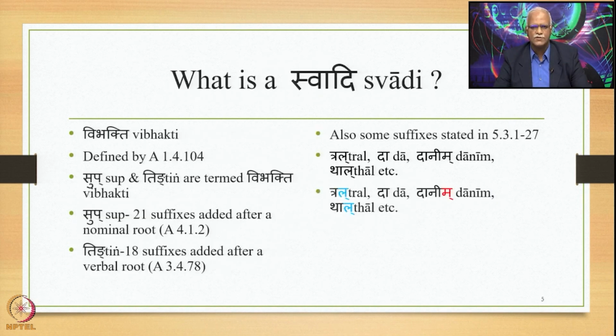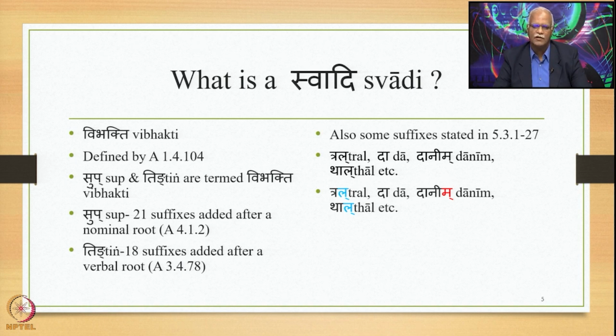And then we also saw what is a Swadi. We said that Swadi refers to Vibhakti. 1.4.104 is the sutra which defines Vibhakti, namely sup and ting. Sup is a set of 21 suffixes added after a nominal root or a pratipadika by the sutra 4.1.2, and ting is a set of 18 suffixes added after a verbal root also known as dhatu.